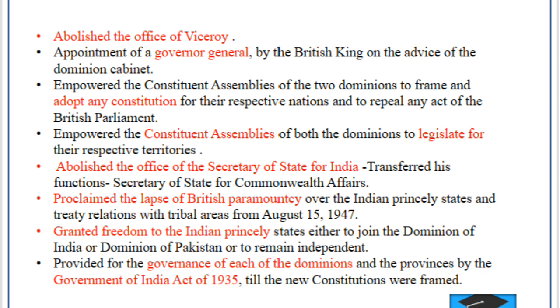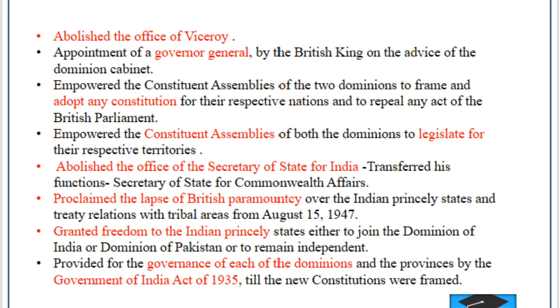No act of the British Parliament passed after August 15, 1947 was to extend to either of the 2 new dominions unless it was extended by a law of the legislature of the dominion. This act also abolished the office of the Secretary of State for India and transferred the functions of the Secretary of State for India to the Secretary of State for Commonwealth Affairs.